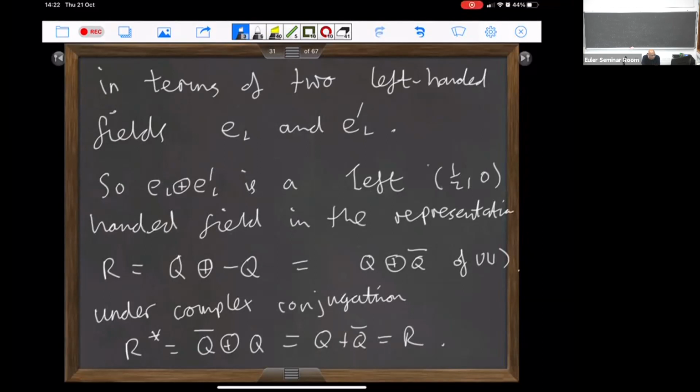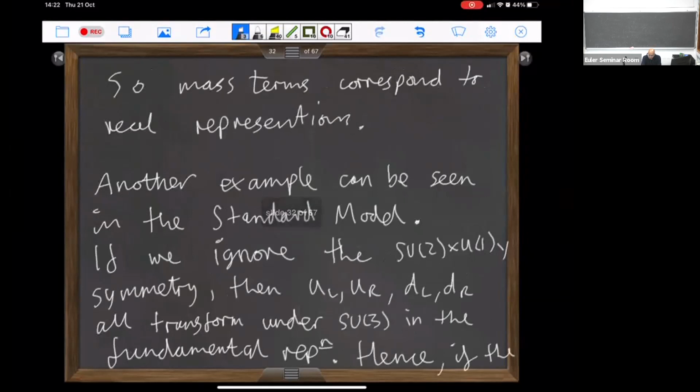Does anyone have any questions about it? Okay, good. It's one of the most important points about the standard model, actually. So, in other words, mass terms correspond to real representations.